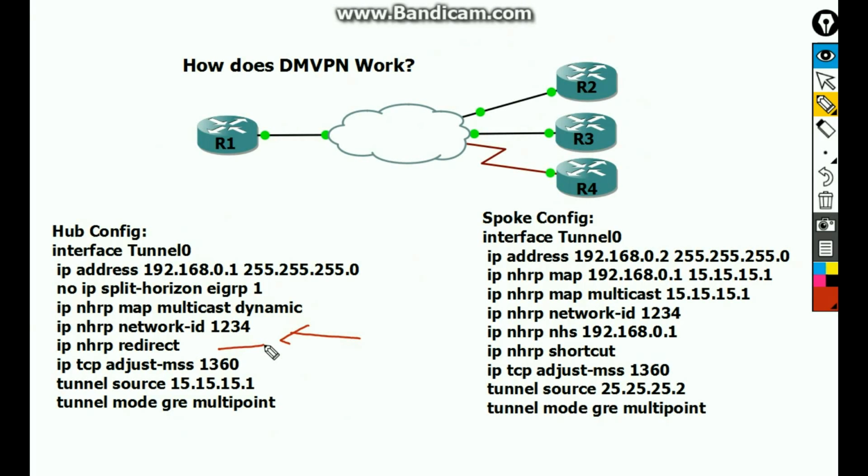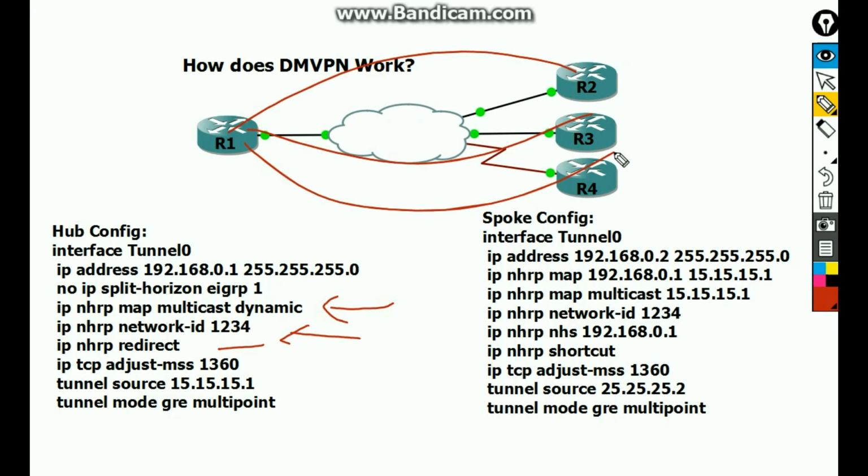Then on the hub router only, you need to do ip nhrp map multicast dynamic. What that does is it allows NHRP to automatically add spoke routers to the multicast NHRP mappings. Since we are going to be using a dynamic routing protocol to learn routes from all of these routers, it's also going to allow us to send multicast packets to our branch routers.